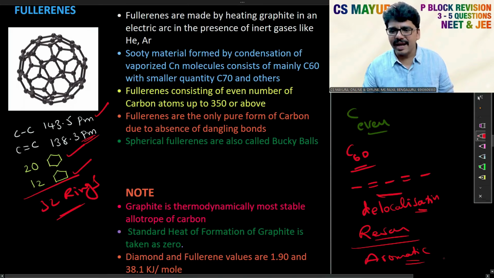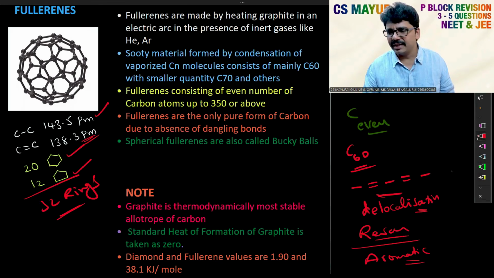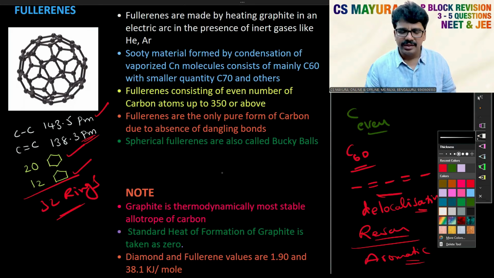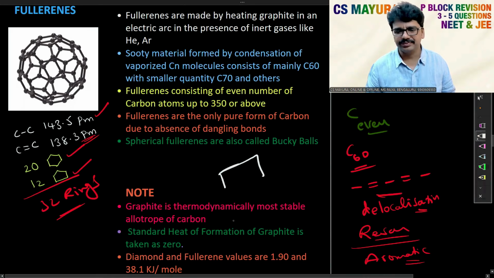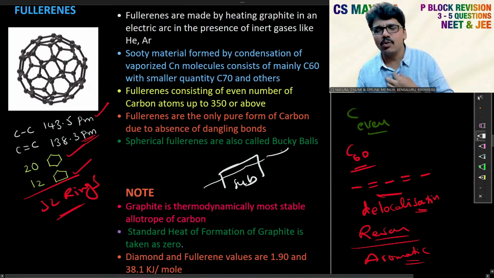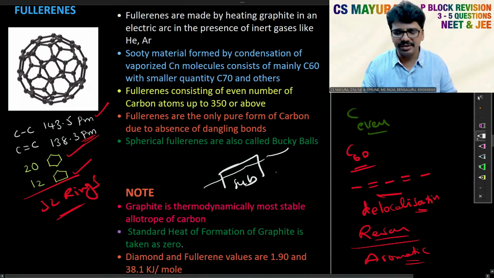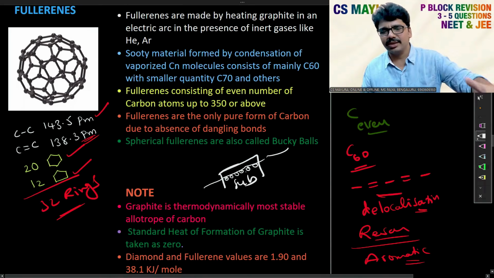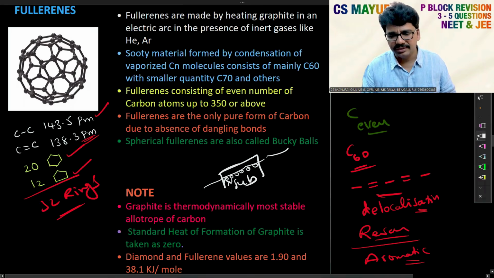So what are these dangling bonds? For example, let us take any one substance. Just break this substance into two halves. This is just for our understanding of what dangling means. When we break it, at the new surface, the bonds are broken. On one side the bonds are broken, on the other side the bonds are there. The bottom side has bonds, but the upper side has no bond.